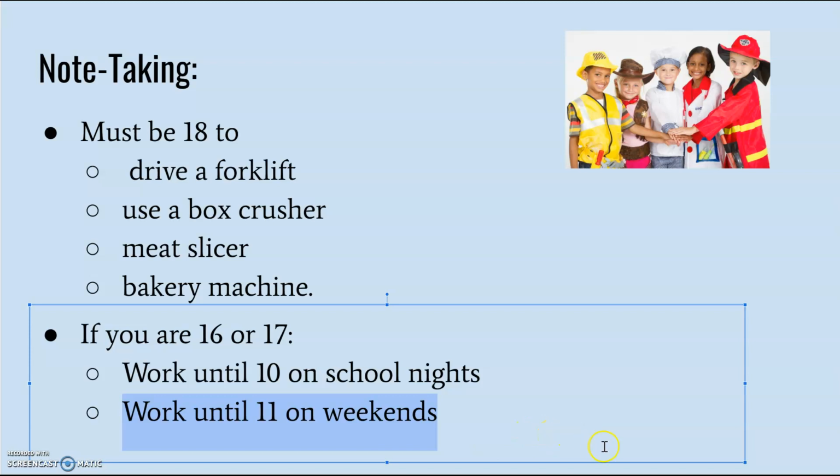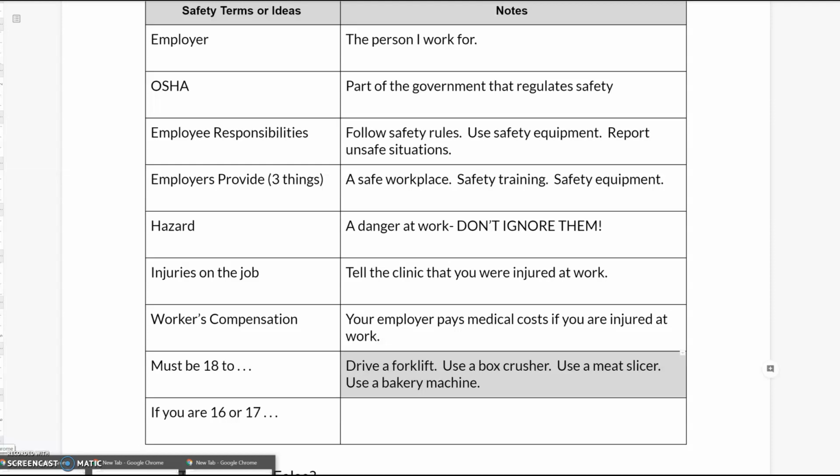So they want you to go home and go to bed so that you can focus on school. Because really, when you're 16 or 17, we want your highest priority to be getting your diploma. So you still need to put school at a higher priority than work. You're just a lucky duck because for you, if you're in the work program, work is part of school. So good for you. So let's finish our notes for the day.